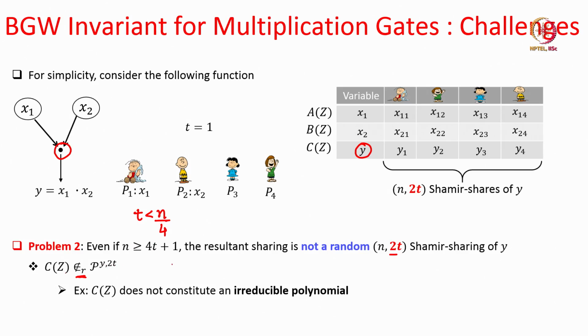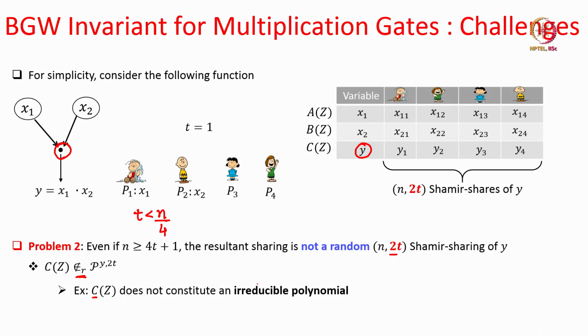Whereas, the BGW invariant requires that if the gate inputs are secret shared, then for maintaining privacy we require the output of the gate to be secret shared through a random t degree polynomial, but that is not happening here, because this c polynomial is no longer a random polynomial, its coefficients are not random.